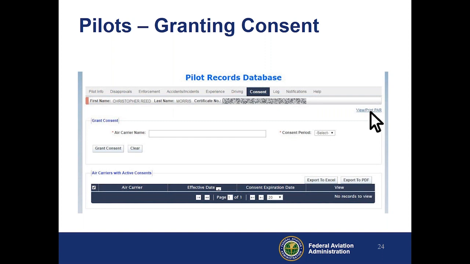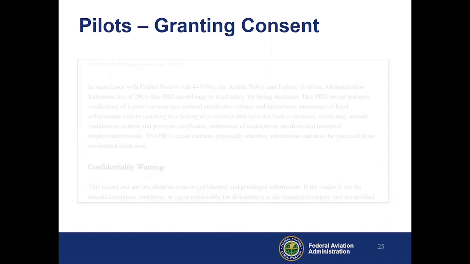So another point that I will mention for the carriers at this point is that the airmen, when they grant you consent, they're granting you consent as the record is shown today. Okay, so if I grant you consent to my record today, and then in 2 weeks there's a new type rating added, and then you pull my record out of PRD after that, you're not going to see that new type rating, because the record that you see is as it was the day I granted you consent.